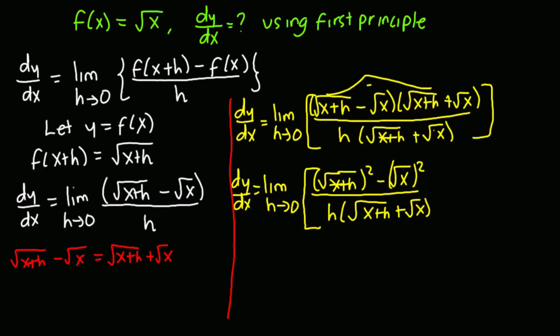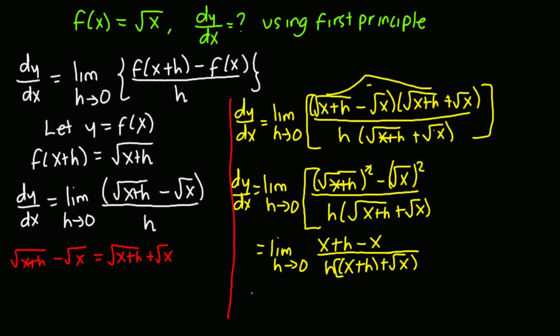And so this gives limit as h approaches 0. Now the square cancels the root and we'll be left with x plus h minus x, all divided by h into bracket square root of x plus h plus root of x.